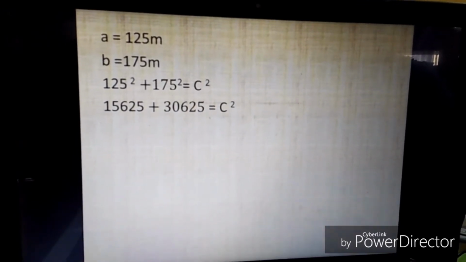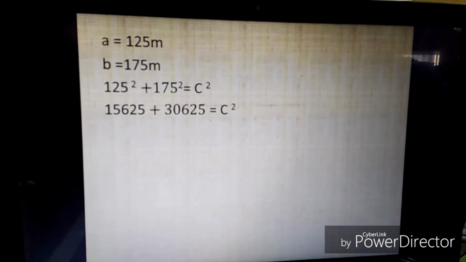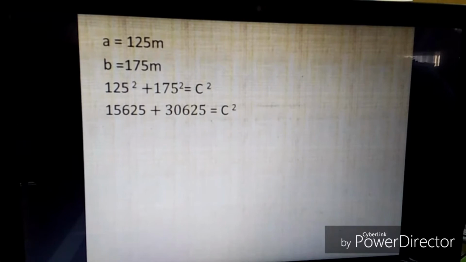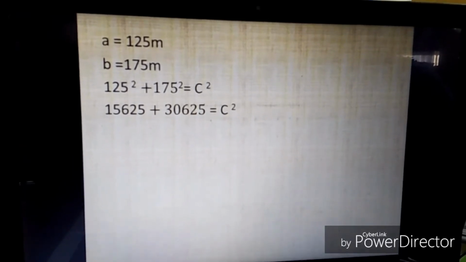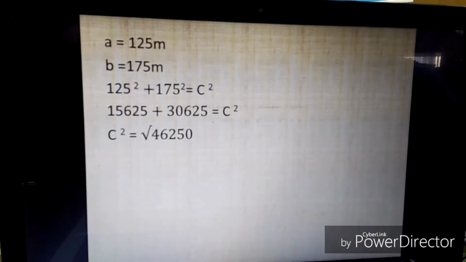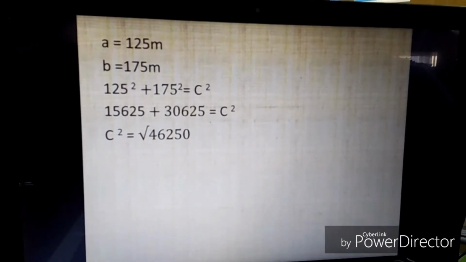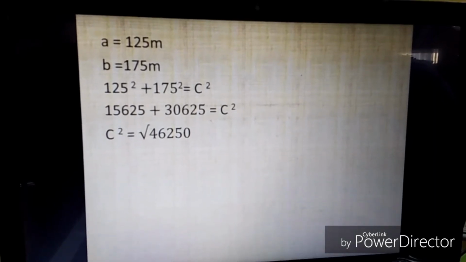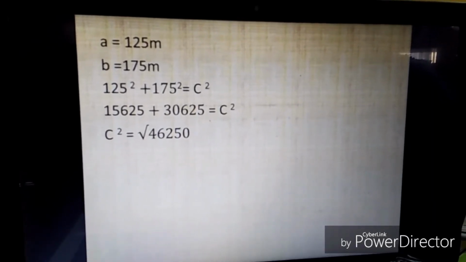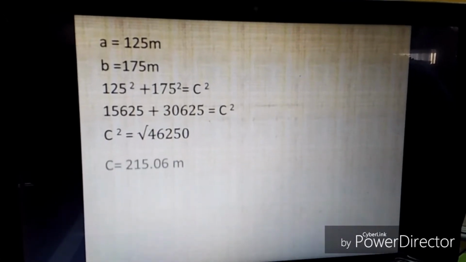125 squared is equal to 15,625, plus 175 squared, which is equal to 30,625. So 15,625 plus 30,625 is equal to c squared, which is 46,250.